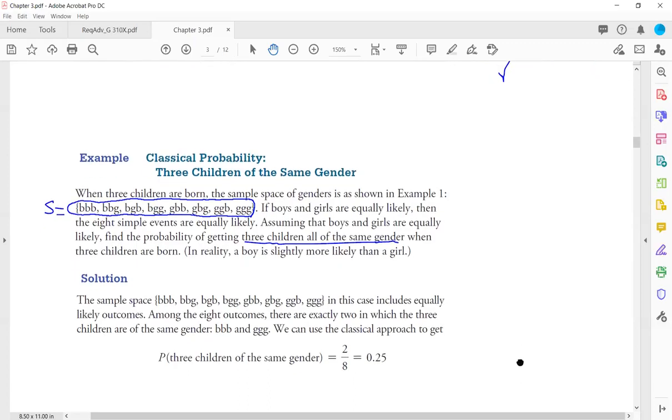On the numerator, you have 2 possibilities. On the denominator, you have all these possibilities in your sample space. 2 divided by 8 is 0.25. Is 0.25 a number between 0 and 1? Yes. So I'm good with my probability.